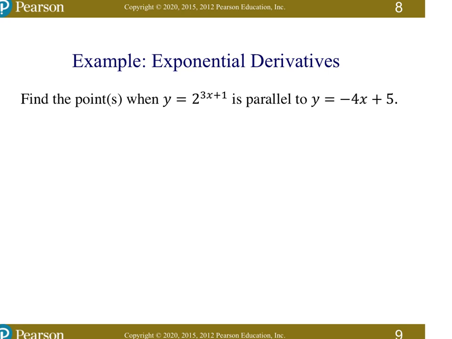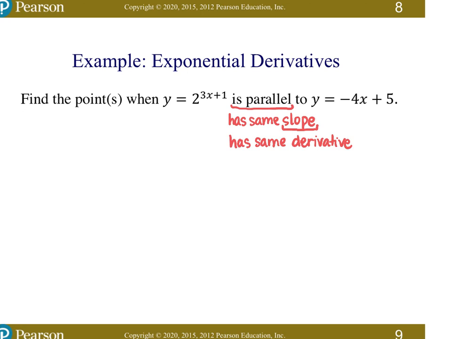Remember, the word parallel means same slope. Okay, that's what it means to be parallel. And the word slope is the same as derivative. So they have the same derivative.